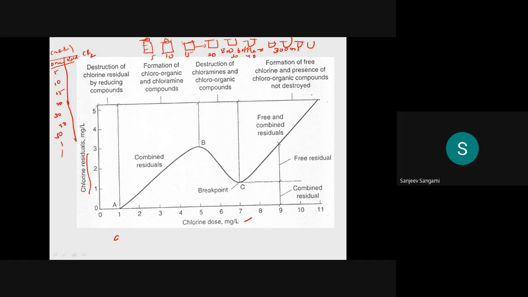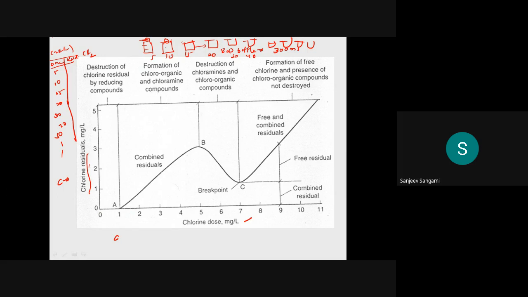Organic matter always has more carbon content. Any biodegradable matter we can call organic matter.